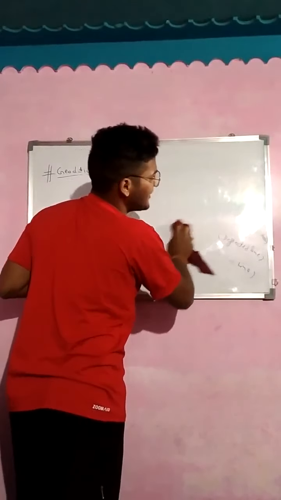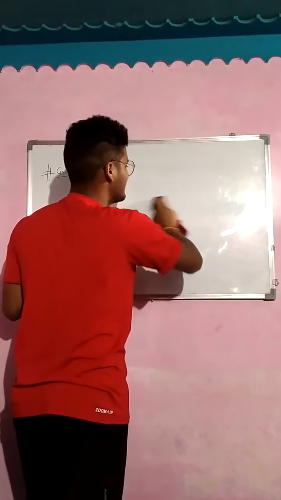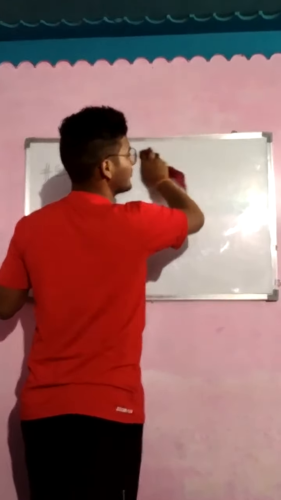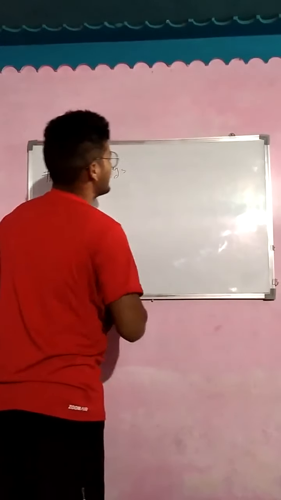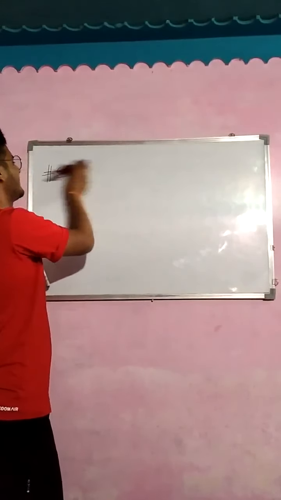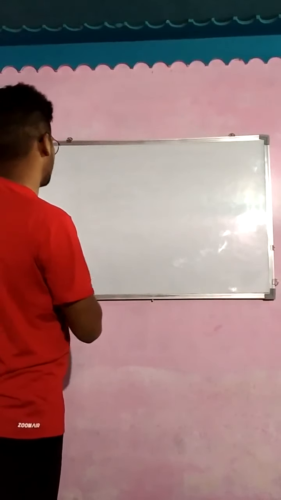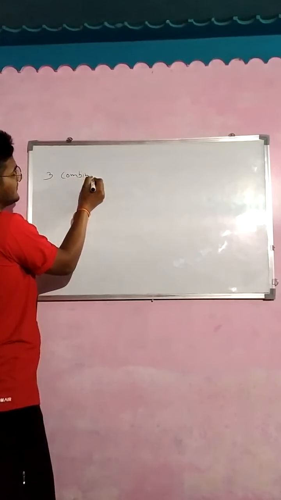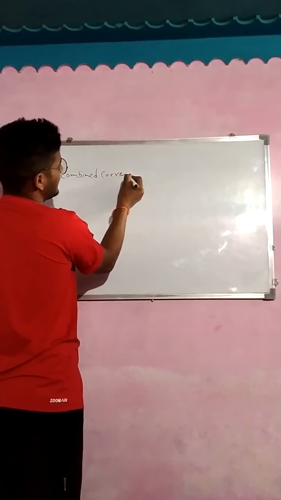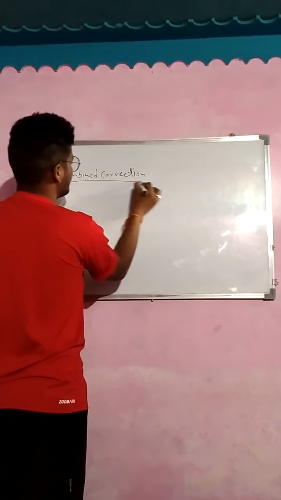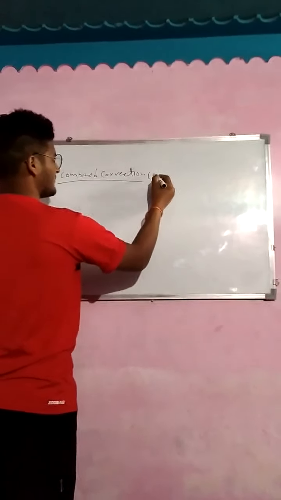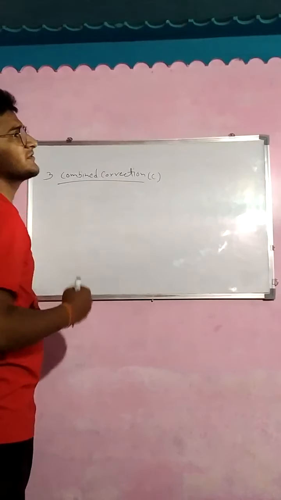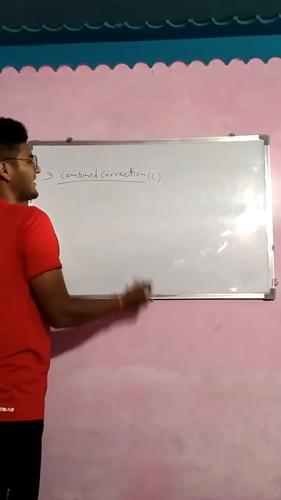the next point is combined correction. Combined correction is obtained by adding both corrections, refraction correction and curvature correction. Okay, so combined correction is the third correction. CC is curvature correction, CR is refraction correction, and C is your combined correction.